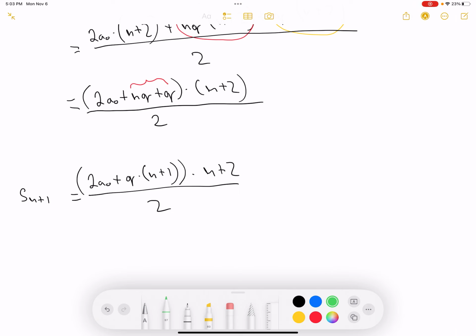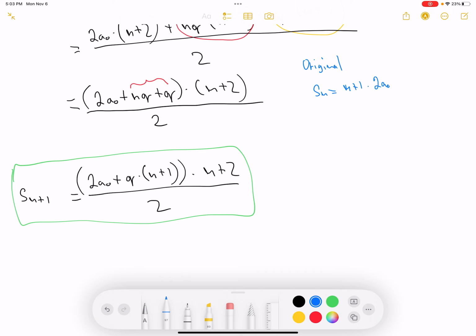Now let me explain to you what this means. Let me write the original formula here to the right. The original formula that we were proving was Sn equal to (n plus 1) times (2a0 plus n times q) over 2.